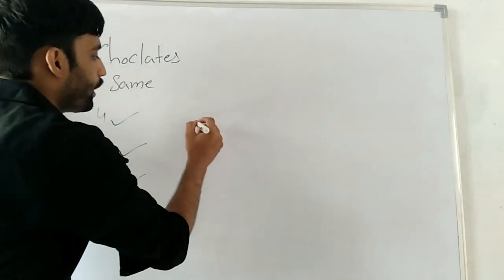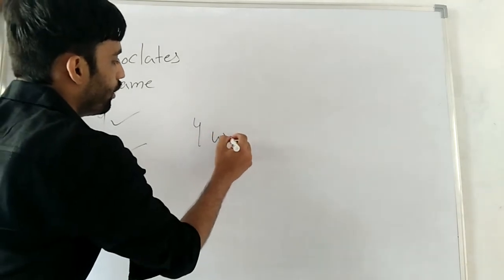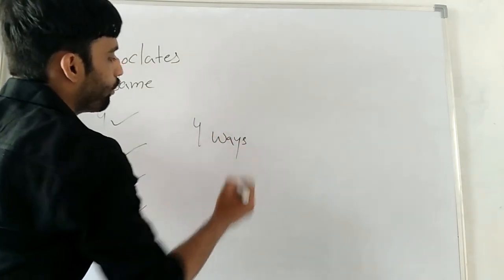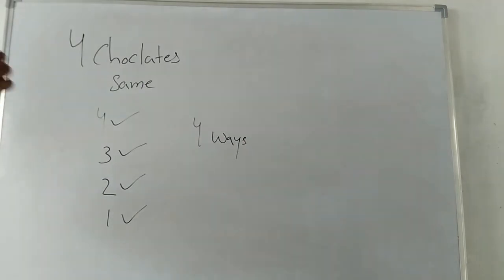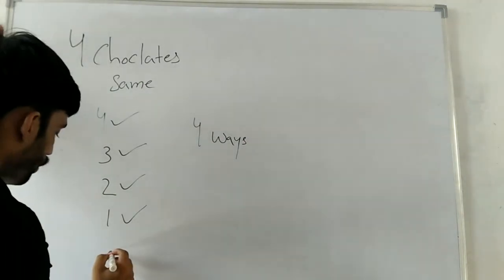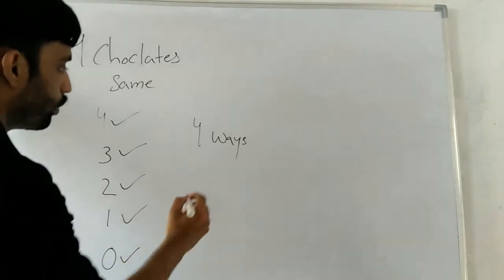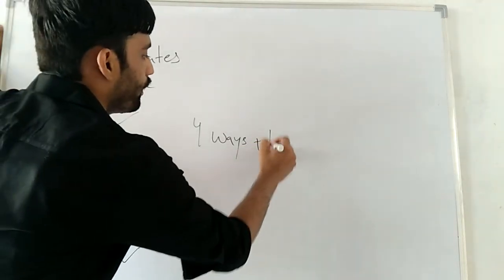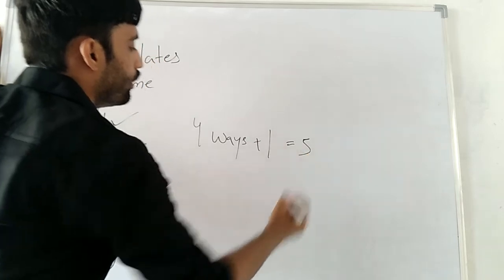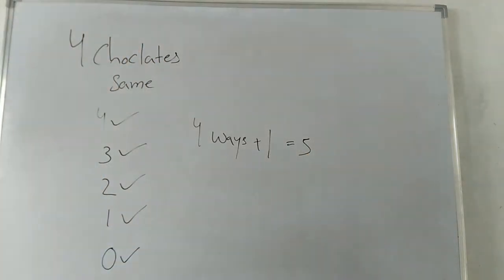So we can choose in 4 ways any number of chocolates. And if we have an extra case of not choosing anyone, the total cases will become 5. So now going to the next question.